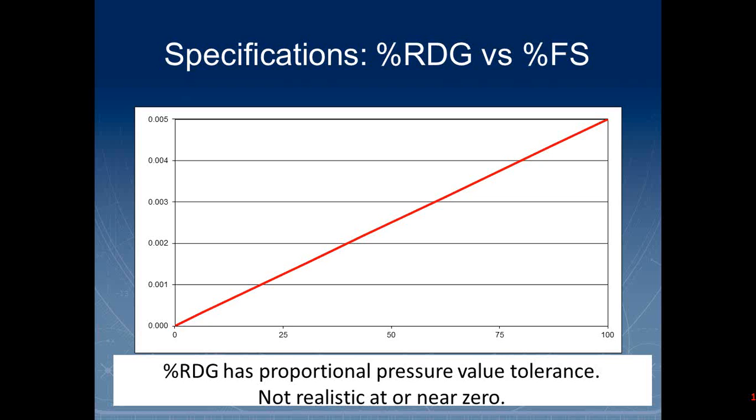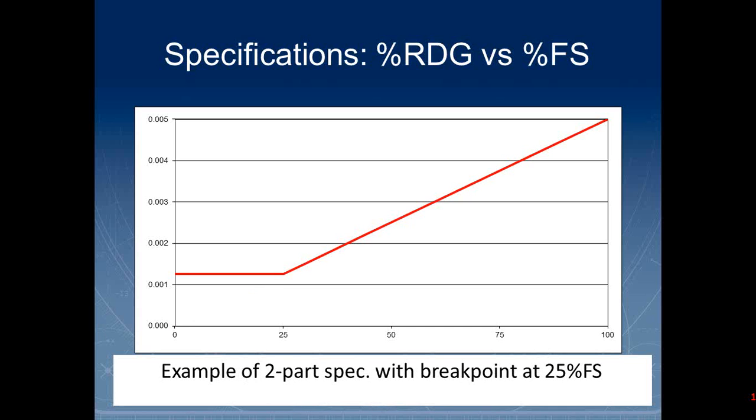At 0, the contribution is 0. But that's not really practical. It's not realistic. The readings at or near 0 have some performance limitation. So typically there's some lower limit when the specification is based on percent of reading.